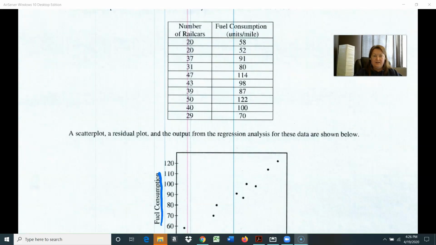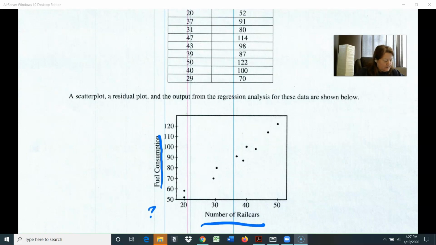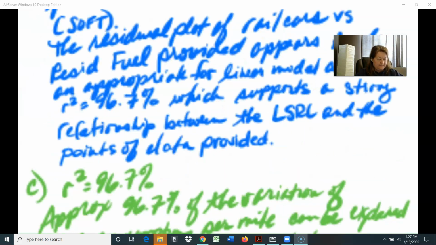So I look at my data. My data only goes up to 50. They're asking me to go out to 65. Is this okay? That is definitely extrapolation. We only collected values between 20 and 50, right? So I just need to tell them that.